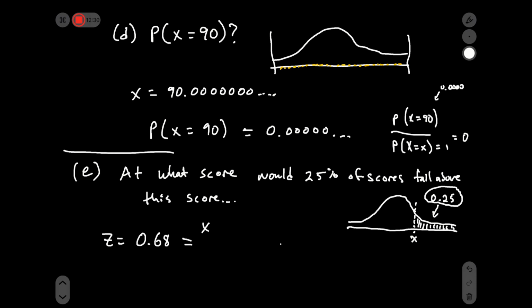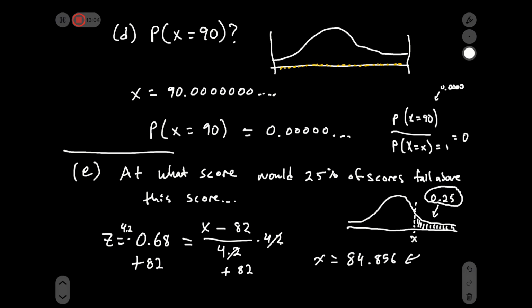And we don't know what the score is, so let's leave that as x minus the mean divided by the standard deviation. And when we solve for x, in other words, multiply both sides by 4.2, and then add 82 to both sides, then we get x is equal to 84.856, or again, something very close.